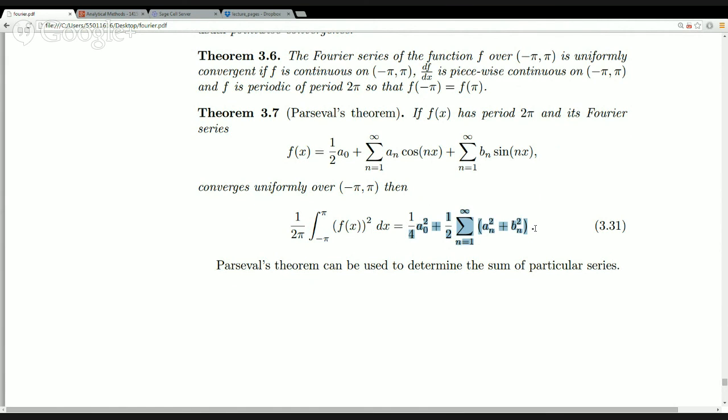And here on the right-hand side, we have the sum of squares, more or less, of the components of the Fourier series. So it links nicely to the idea you have from simple geometric vectors that the square of the magnitude of the vector is the sum of the squares of the vector's components with respect to an orthonormal basis, or the standard basis, if you like.